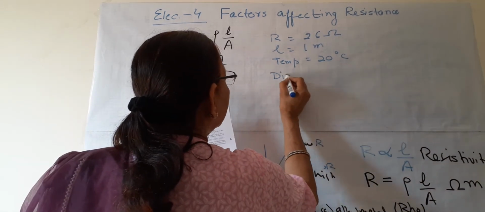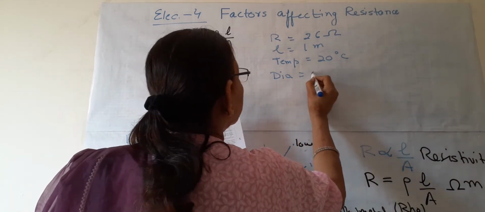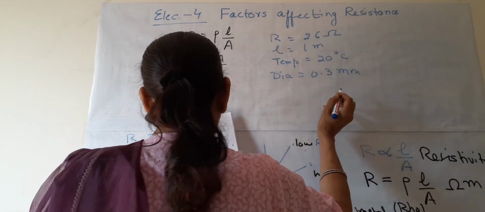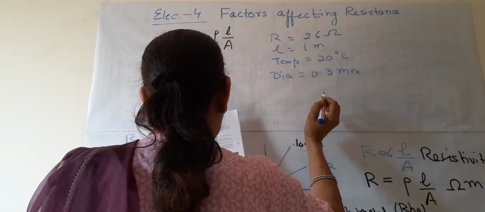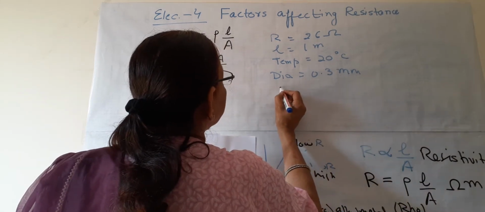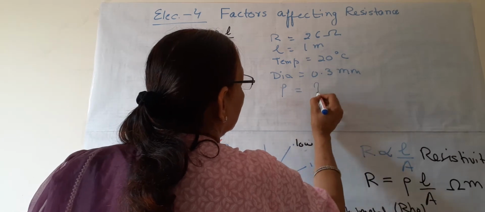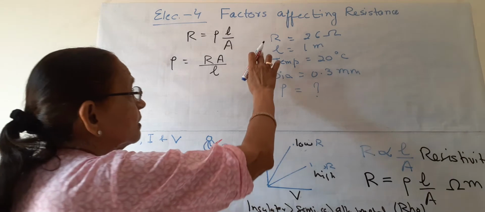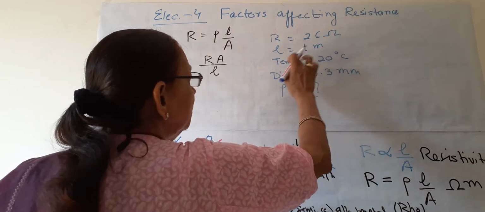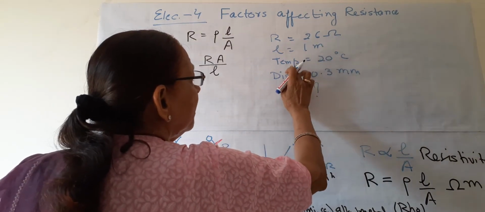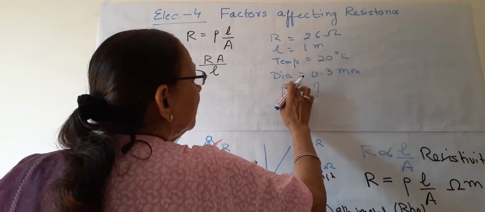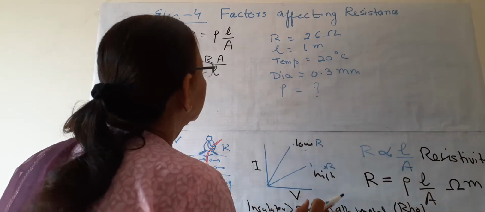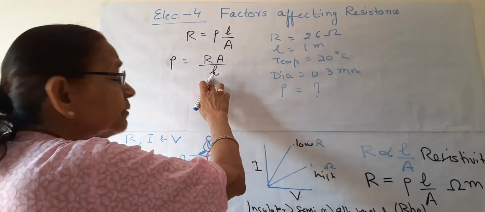Diameter of the wire is 0.3 millimeter. We have to calculate the resistivity of this wire. So these are the data given: resistance of the wire 26 ohm, L 1 meter, temperature 20 degrees centigrade, diameter 0.3 millimeter. What is the resistivity? So we will take this formula.